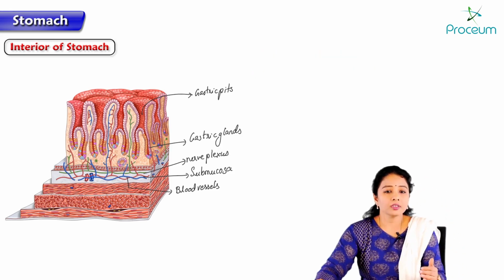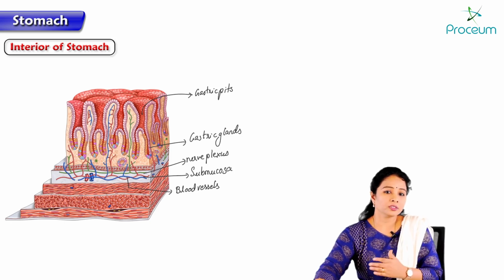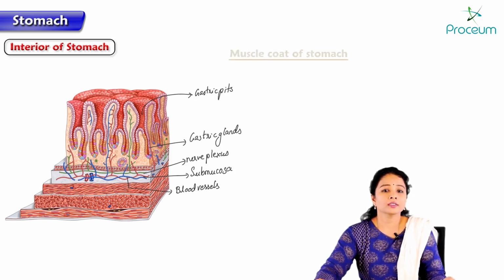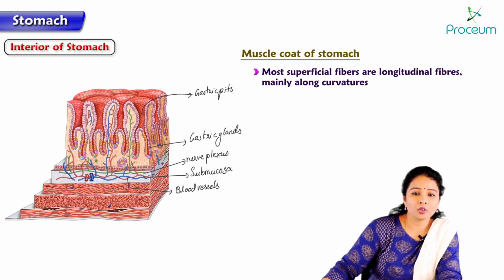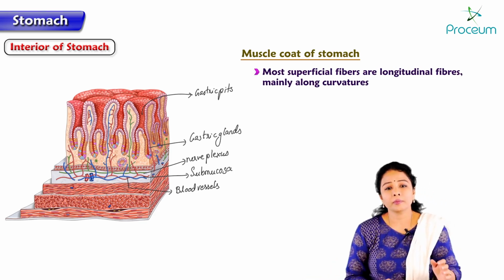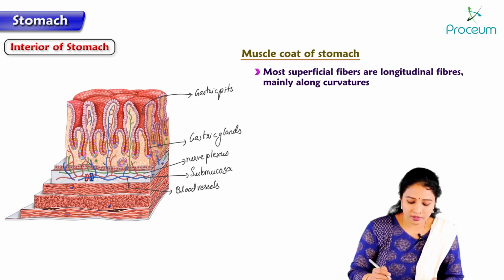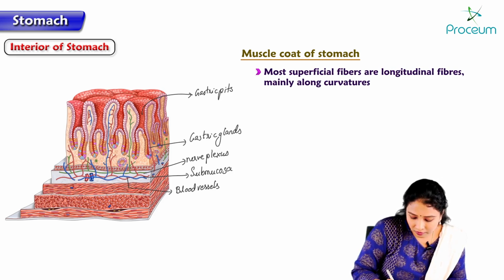Deep to the submucosa, that is outer to the submucosa, is the muscle coat of the stomach. Most superficial fibers are the longitudinal fibers, which are mainly along the outer curvatures. So the outermost muscle fibers are the longitudinal muscle fibers.